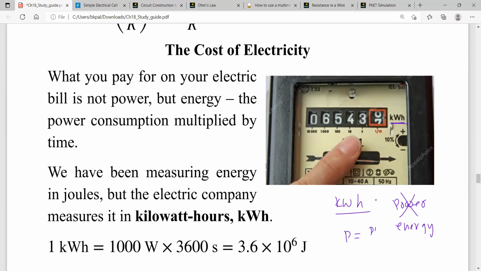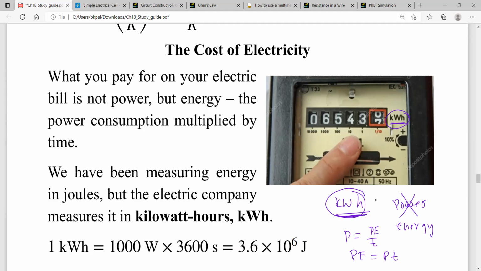P equals potential energy over T, so the potential energy is equal to P times T. P is in watts or kilowatts, and time is in hours or seconds. So kilowatt hour is a unit of energy. We pay the bill for energy, not for power. Although this is not a standard international unit, because hour is not the SI unit for time and kilowatt is not the SI unit for power.